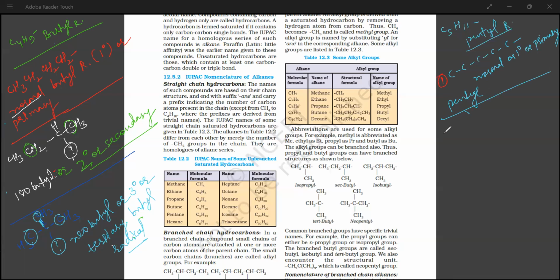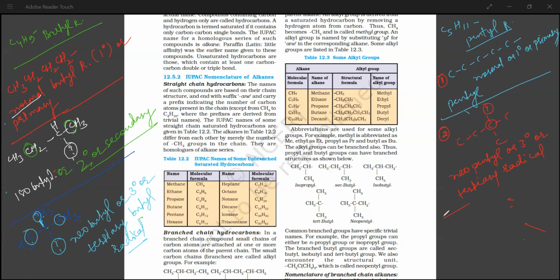This is the first one. Now you can write it like this too. This is 3 degree or neopentyl, or 3 degree or tertiary radical.